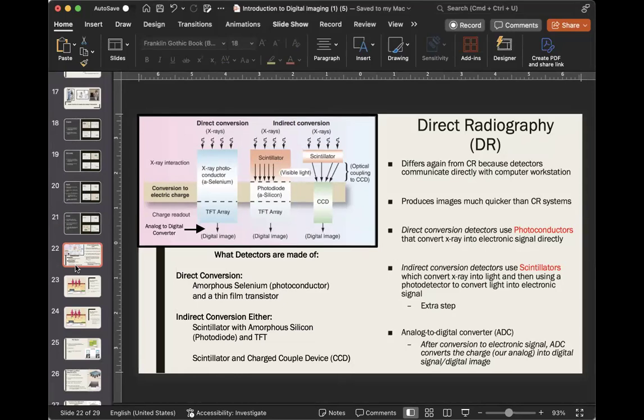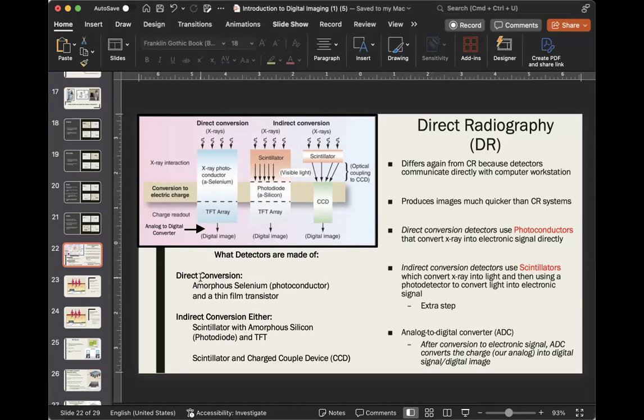Indirect conversion detectors use scintillators, which convert X-rays into light. There's an extra step with indirect conversion, so there's also loss of information that can occur in that step. An analog to digital converter converts our analog signal to digital information. Okay, so that's what we see.